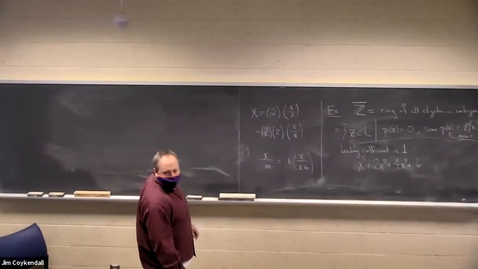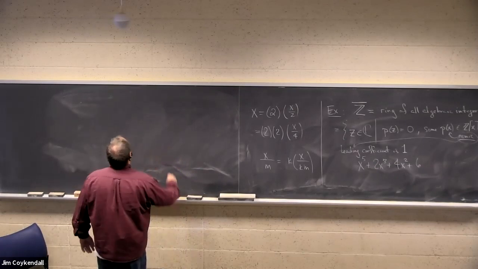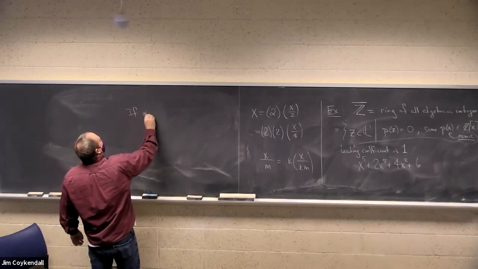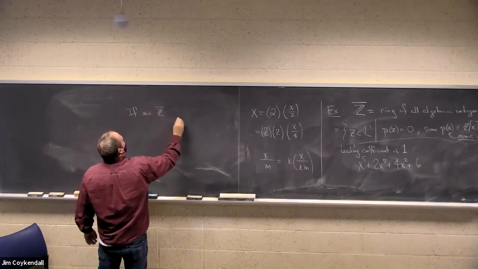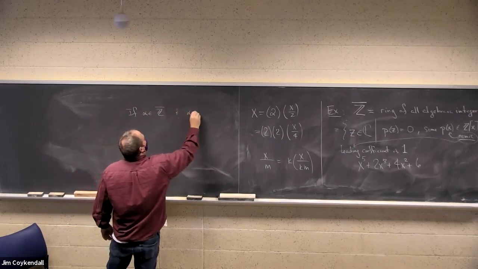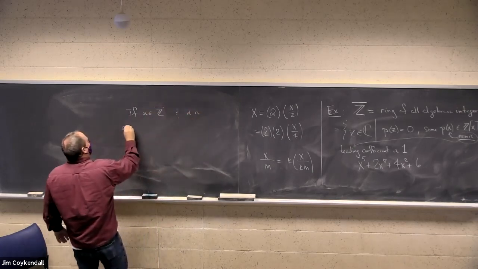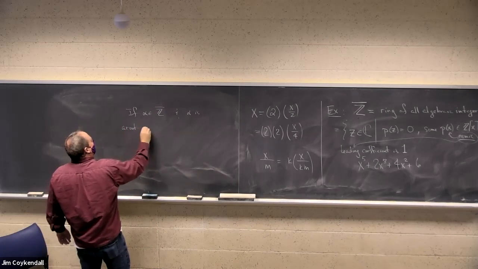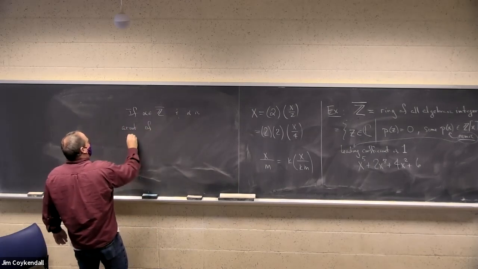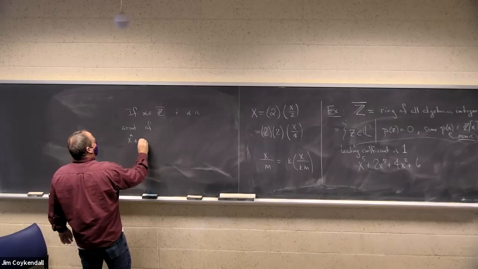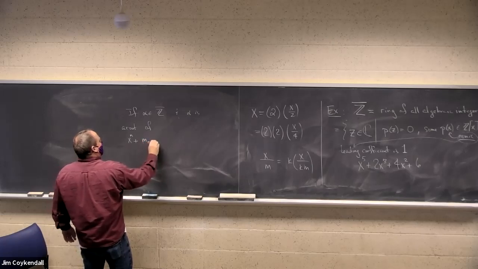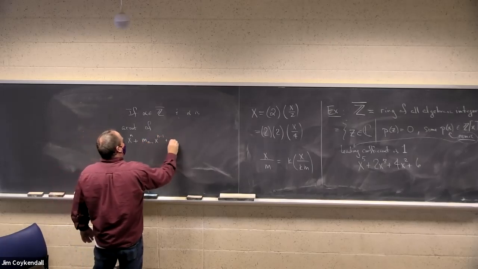every element has a square root. Right? So if alpha is in C bar, and alpha is a root of x to the n plus a_{n-1} x to the n minus 1 and so on.